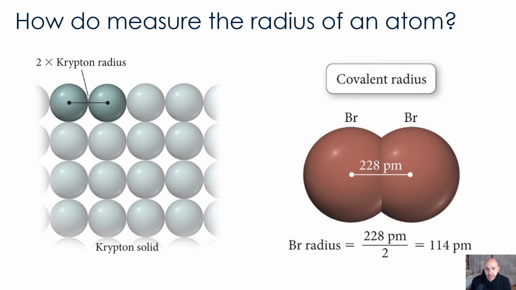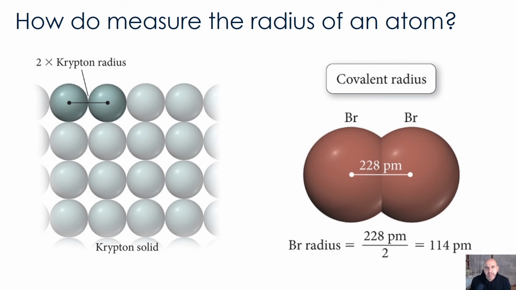X-ray crystallography works a little bit like the diffraction experiments that we saw when we were trying to understand the wave nature of matter. Basically, nuclei act as if they are little slits that you can shine X-rays through, and the X-rays diffract. And based on the diffraction patterns, you can figure out how far apart the nuclei are from each other.